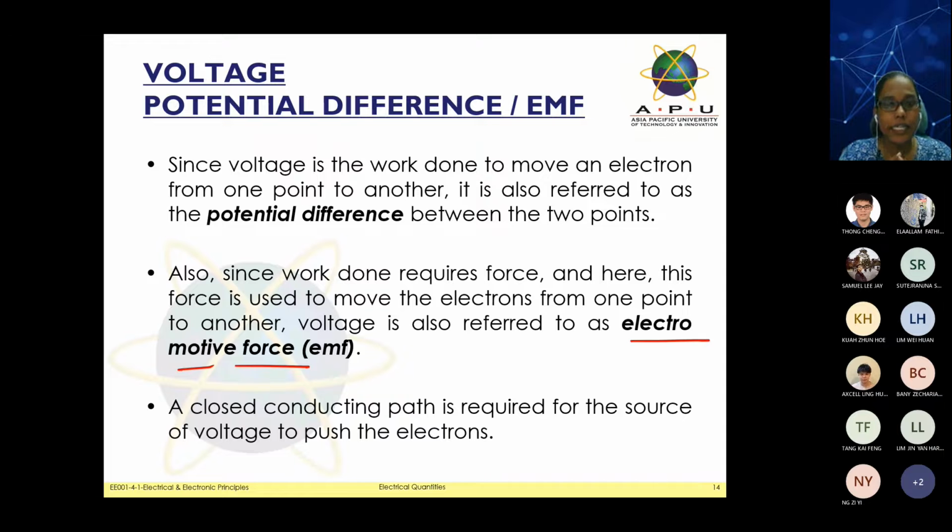But EMF has a different calculation that you need to apply. Both are related to voltage. So one is the work done to move the electron, and the other is the work done by the force. That's what they call EMF. You can even see the word F for force, and everything is related to electron movement.